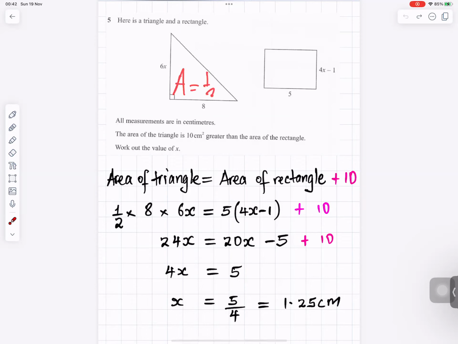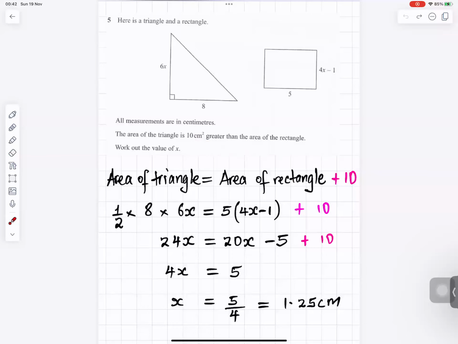The base is 8, the height is 6x. So half times 8 times 6x is equal to the area of the rectangle, which is length times width. So 5 times 4x minus 1 and then plus 10.